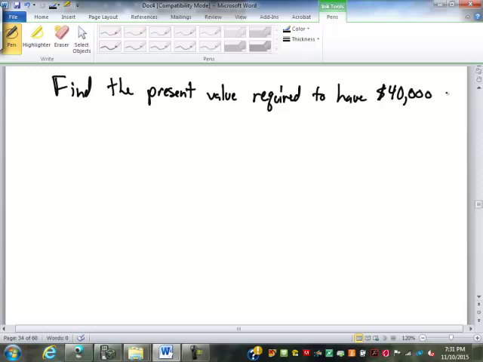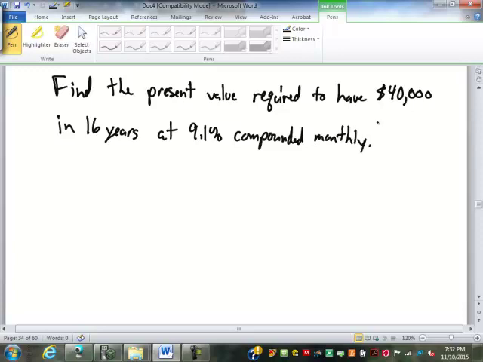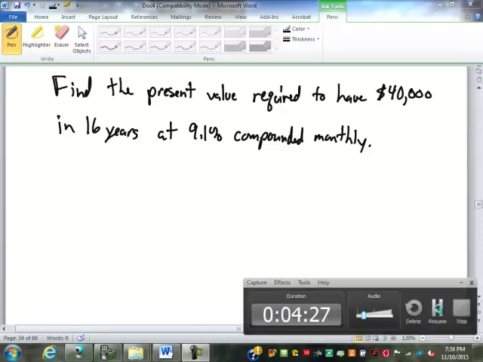To have $40,000 in, let's say your kid is 2 years old, so 16 years. And let's say you're investing for 16 years, you're able to find a place that'll give you 9.1% compounded monthly. So find that present value. Let's try that in your notes quick, and we'll talk about it in a couple.